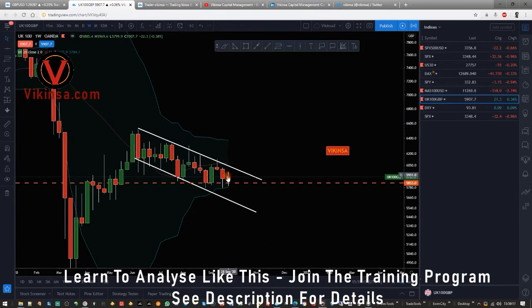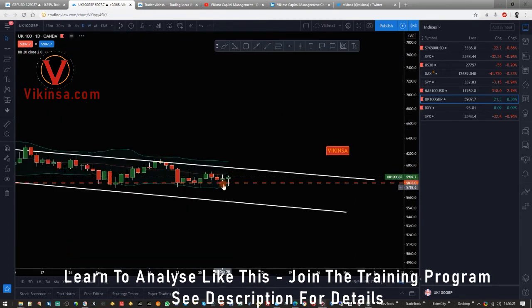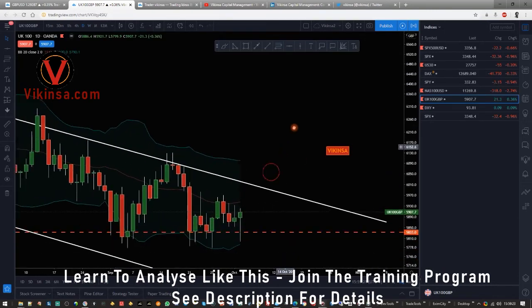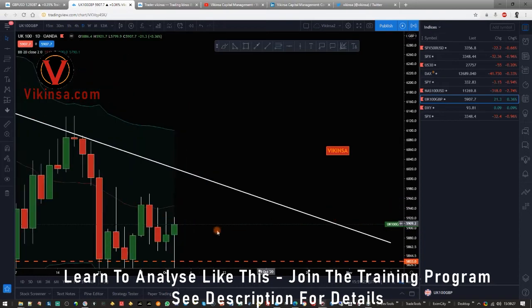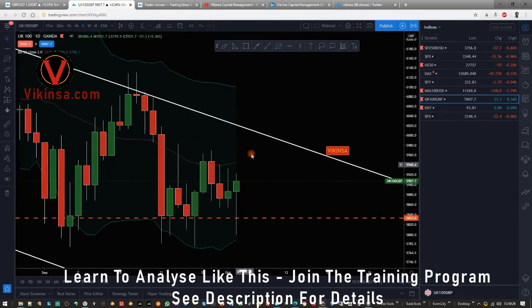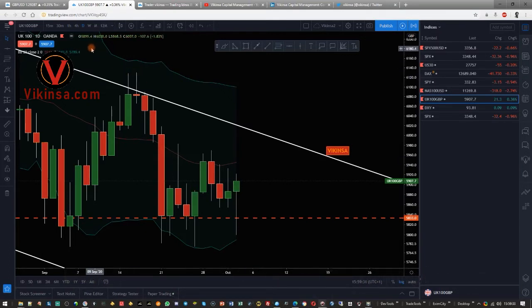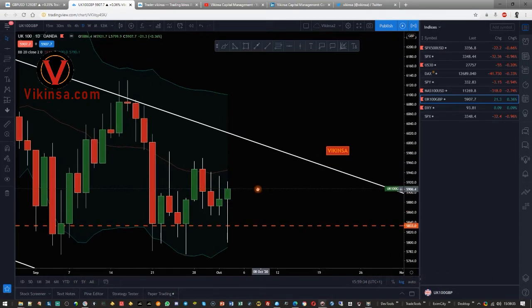Now what we have here is that we are looking for bullish movement, because the market has not been able to break through that level, and if that is the case, then next week also we'll be looking for bullish movement. So far it is looking bullish, but obviously we'll have to go down to the lower time frame to see where it could be going.